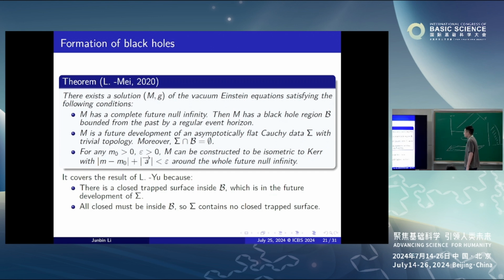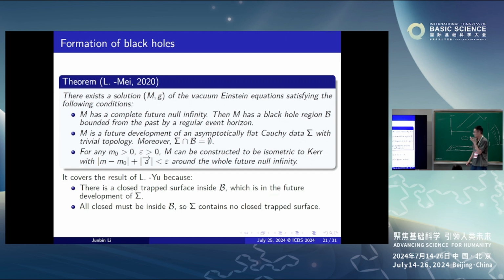In this case, M will have a black hole region B bounded from the past by a regular event horizon. The second statement is that it is a future development of an asymptotically flat Cauchy data, a solution of the vacuum Einstein equation from a complete asymptotically flat Cauchy data.